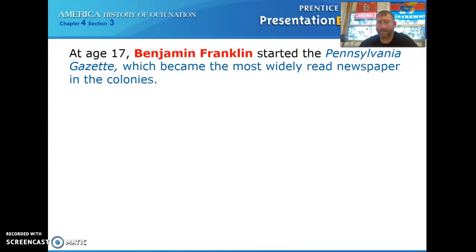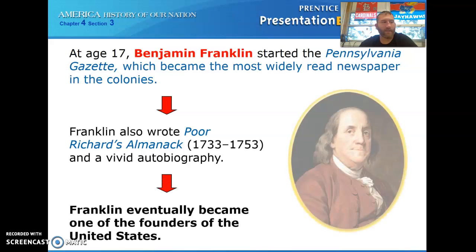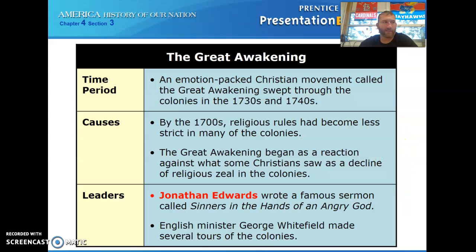Guys, he started that at 17 years old. Some of you guys aren't far away from that age. Imagine starting your own newspaper. He also wrote Poor Richard's Almanac from 1733 to 1758, and a vivid autobiography. Benjamin Franklin eventually became one of the founders of the United States.